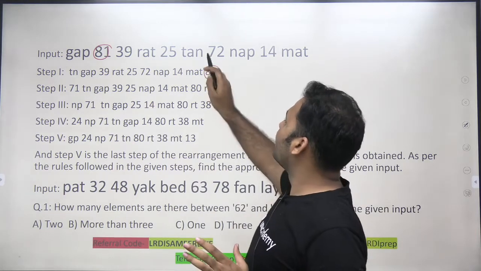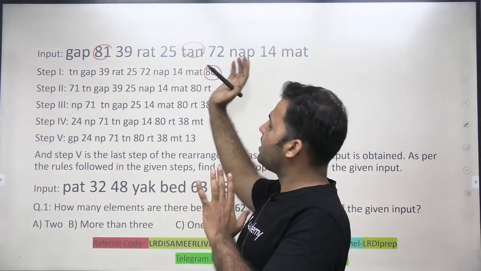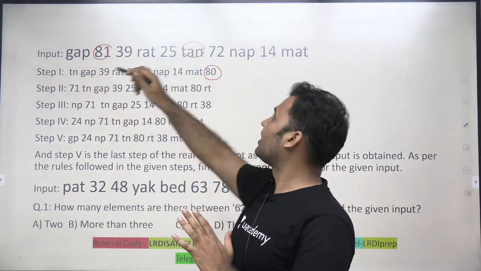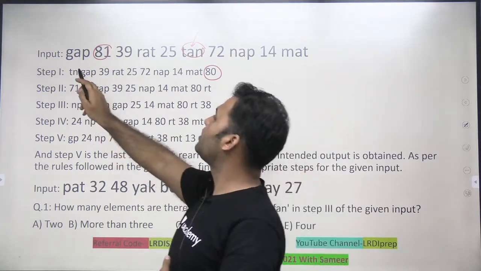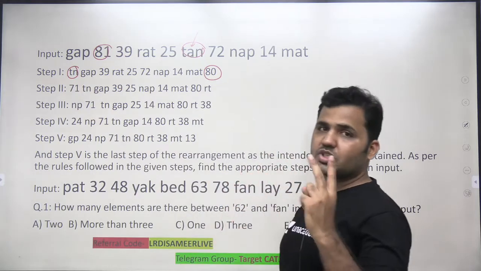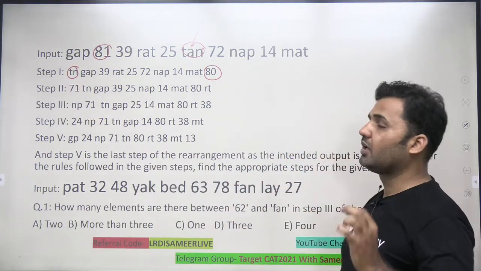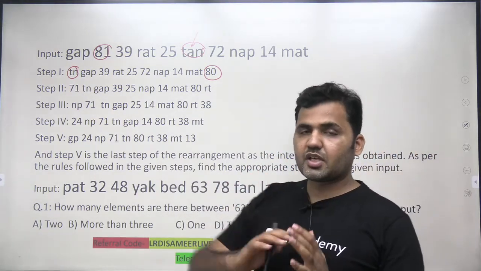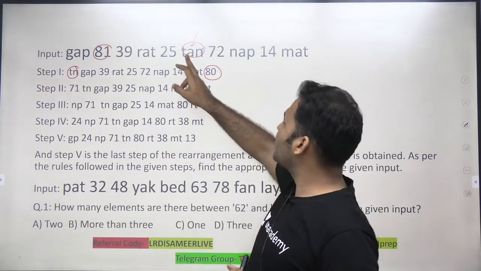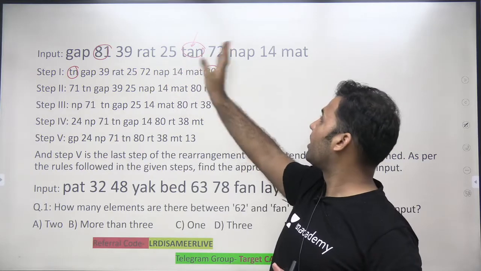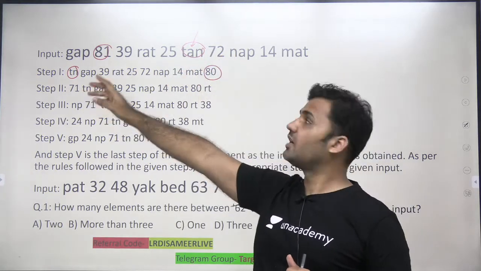And then the word tan has been taken to the leftmost position and the letter A has been removed from it. So 2 changes are happening in the input. The highest number is taken to the rightmost position, and the largest alphabet among the given letters is taken to the left hand side. Why the largest?